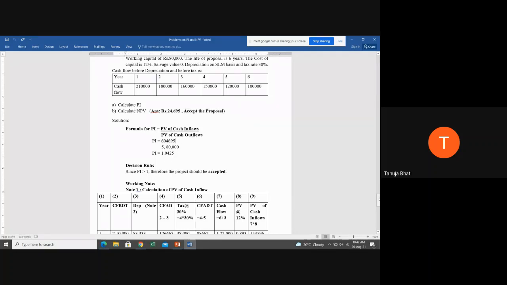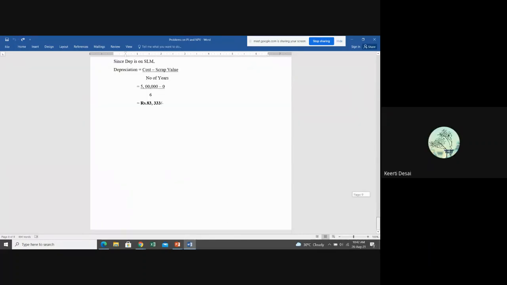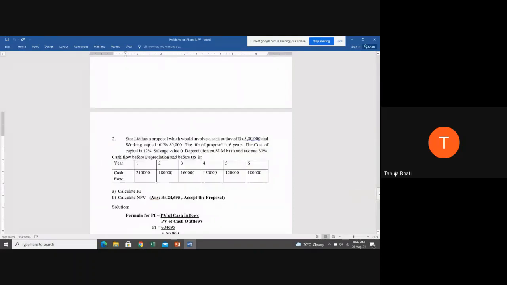Now, is this problem clear to everyone? Yes, ma'am. So we have finished the problems on NPV and PI. The very important thing you need to know is tax calculation should be after depreciation, and depreciation should be added back because it is a non-cash item.